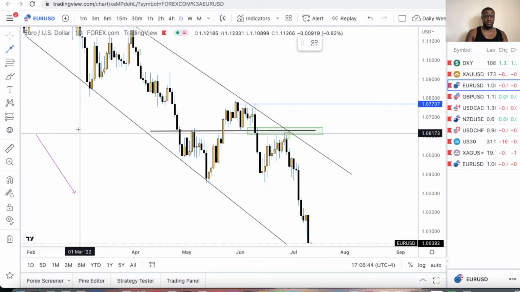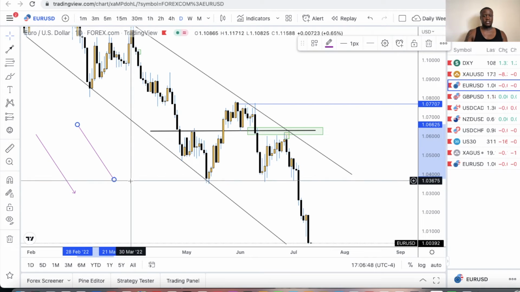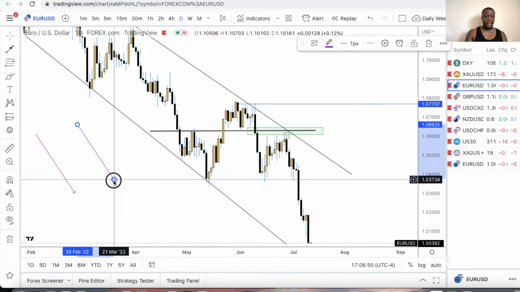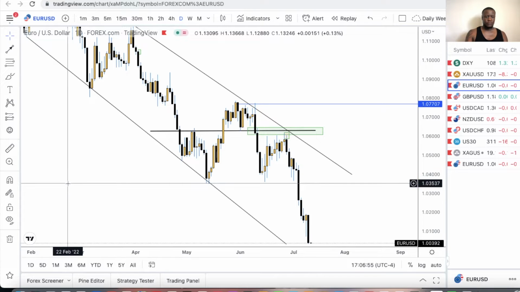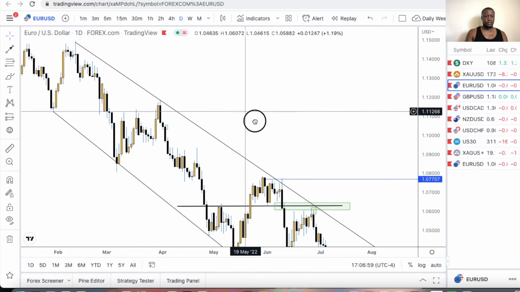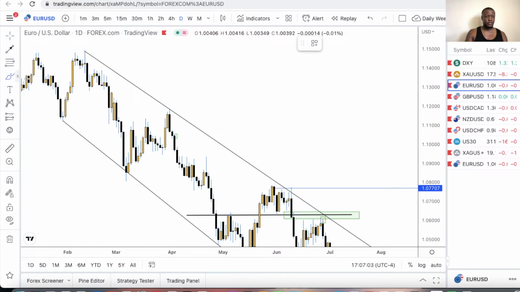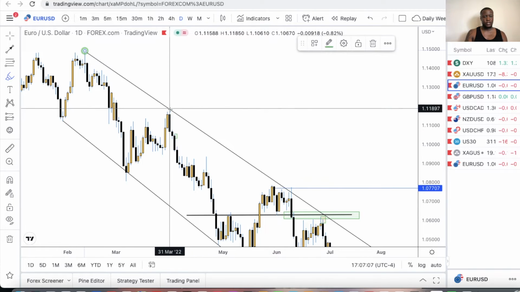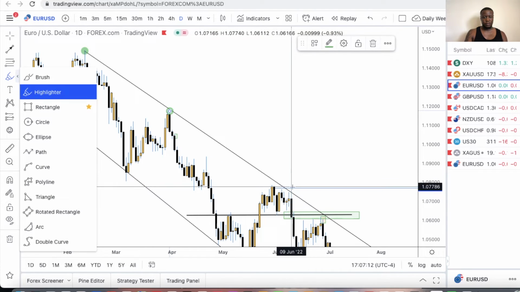So it's pretty much the same thing, but price is continuing to go lower and lower each time. So all you got to do with trend lines is just wait for 2 points, and then within the third point, that is where you will look to enter the market.